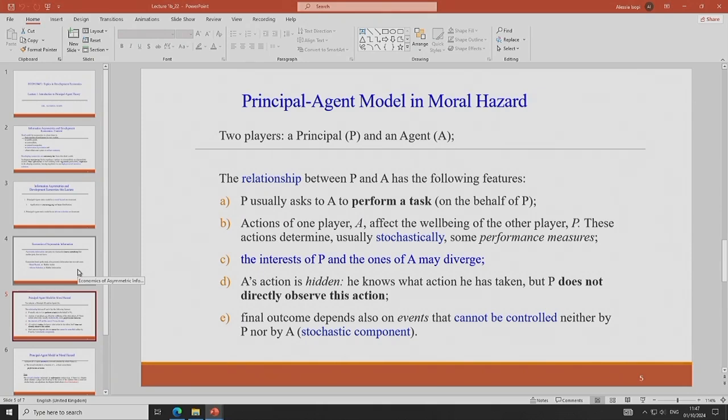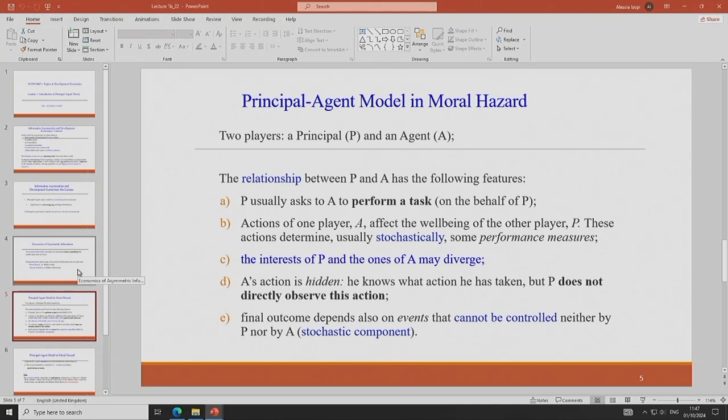The action of one player, A, affects the well-being of the other player, P, and we will see in what way. So the crucial aspect is that there is a direct relationship between my action as an A and the well-being of P.